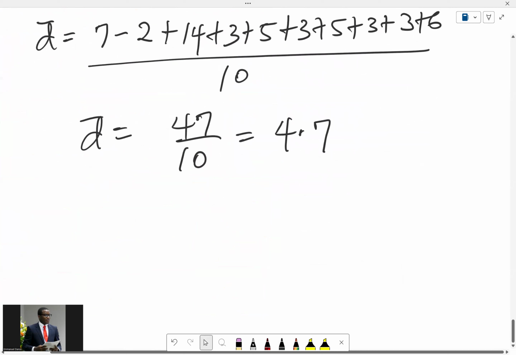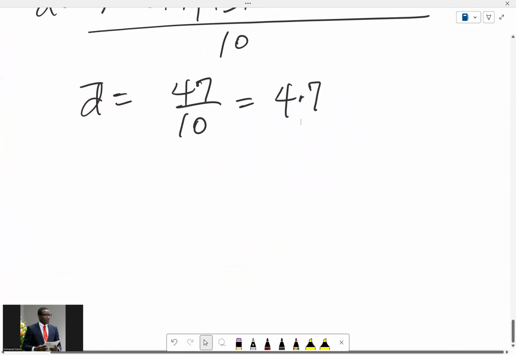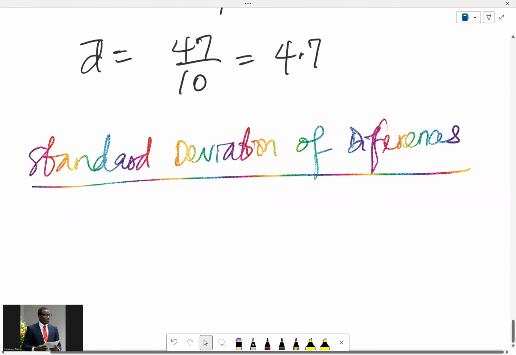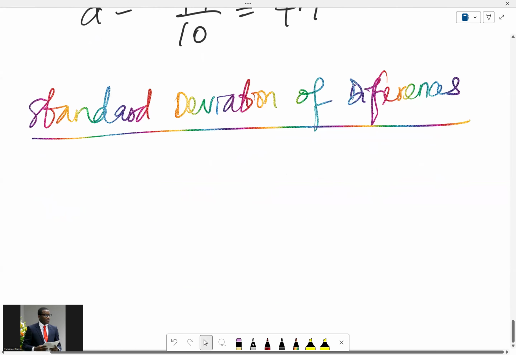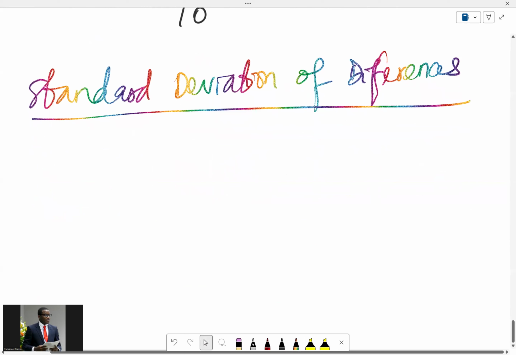Then we go ahead to talk about the standard deviation of differences. Let me start color coding again here. This is 4.7. I think doing it in a table format is always the best, like I keep saying, because d bar is 4.7.